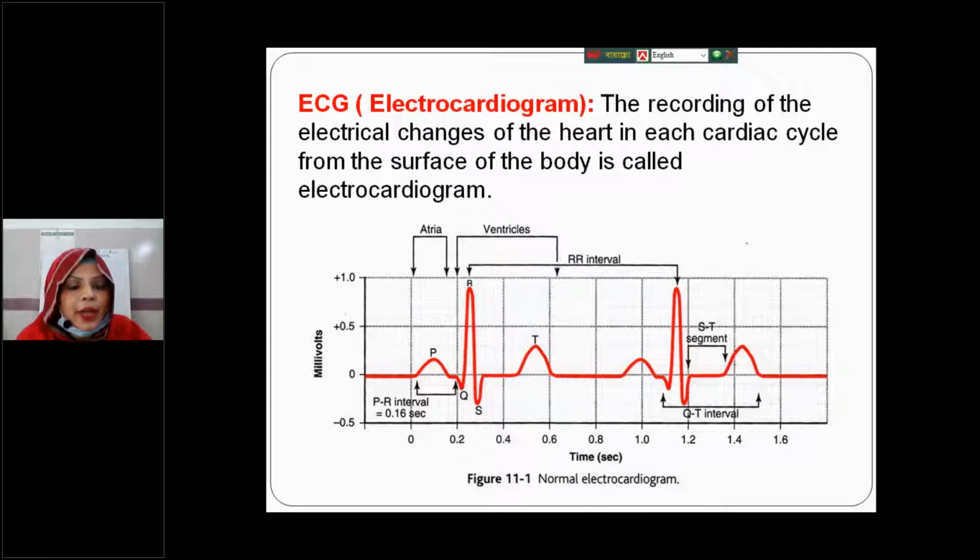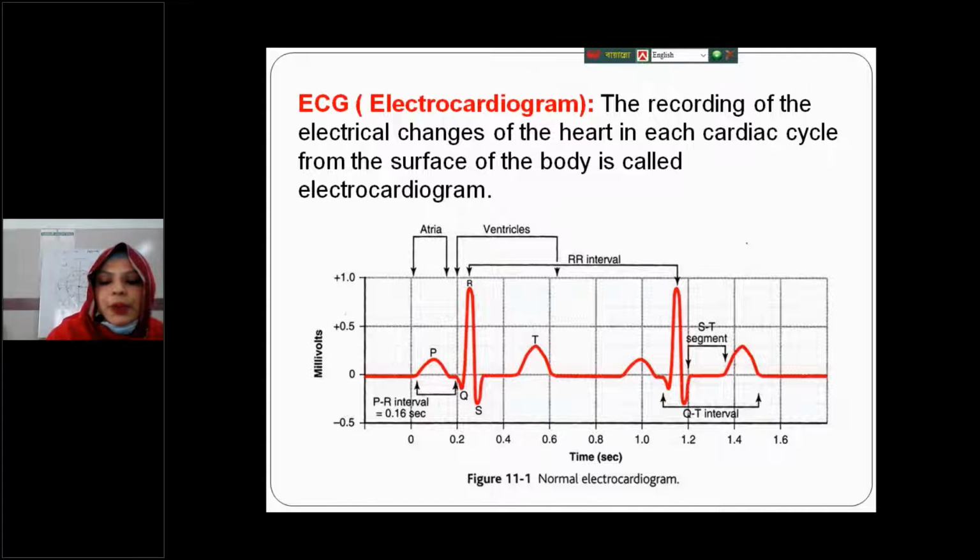In the ECG, see here, the P wave, the QRS complex and the T wave. So there are three things present here. Now you have to know when the P wave occurs, when the QRS complex occurs, when the T wave occurs. This is very important for you. Next class we'll discuss the ECG elaborately.